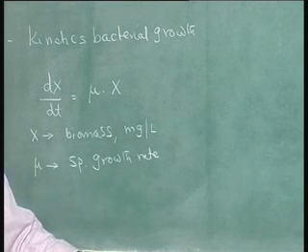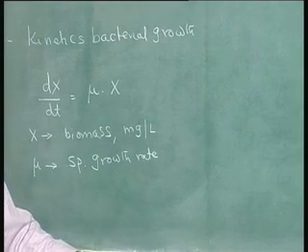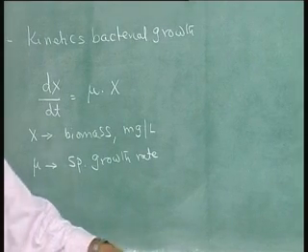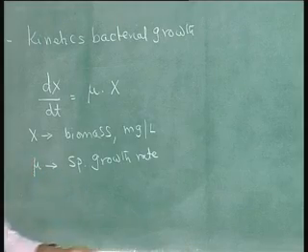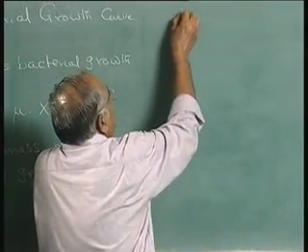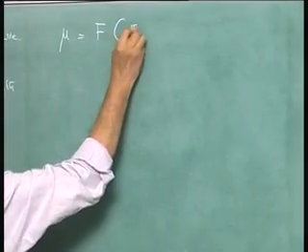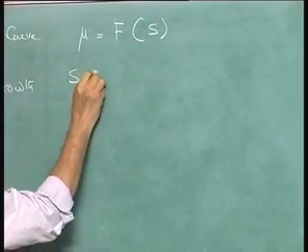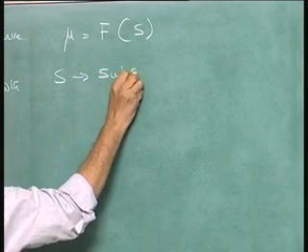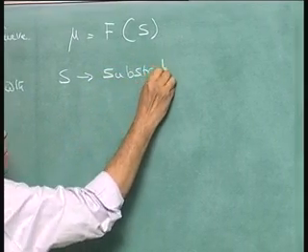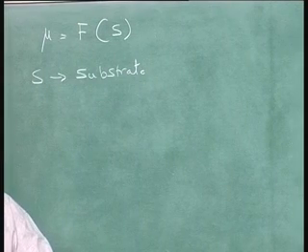So, it is a function of the food as well as the microorganisms. Now, this specific growth rate is not a constant, but it is a function of the substrate concentration. S is the substrate, or the food for the microorganisms.